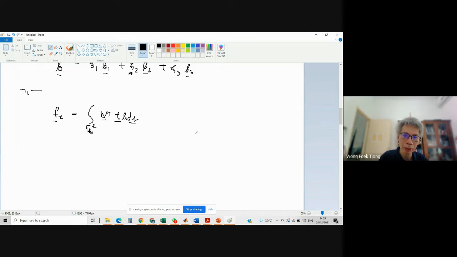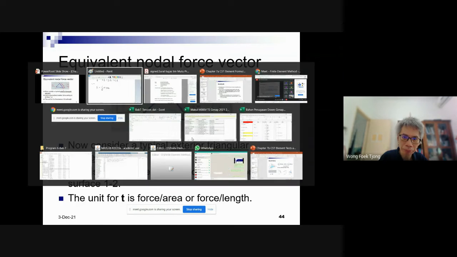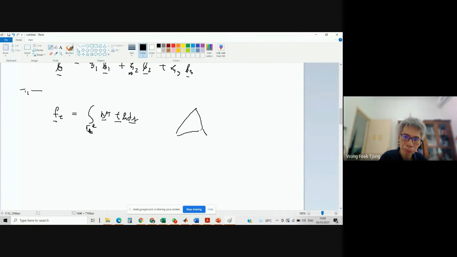So for this example, I refer to this 1, 2, 3. We have some constant surface traction, let's say like this. This is the surface traction vector. It consists of two components. Remember, any vector in 2D, we can always resolve into x component and y component, right?